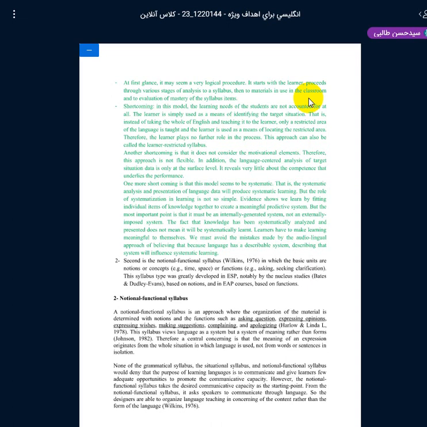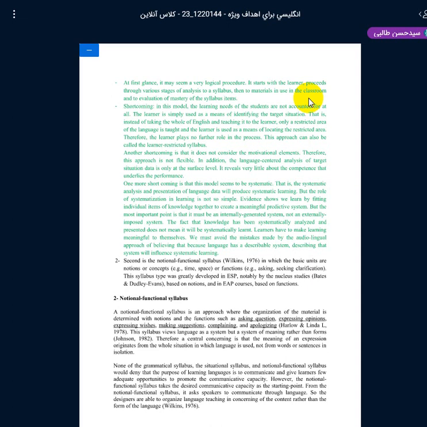Another shortcoming with this syllabus is that it is actually language centered, and language items like grammar and vocabulary are graded. Linguists grade the structure of the grammatical aspects of language.